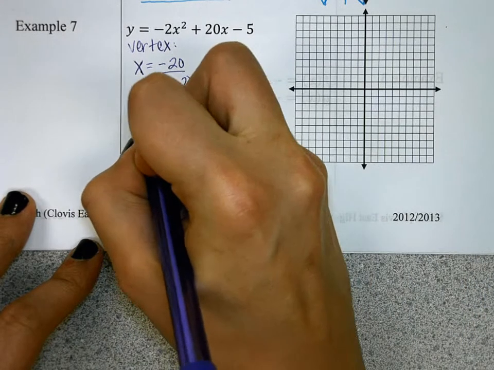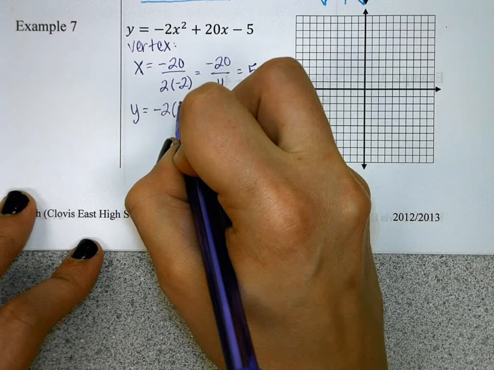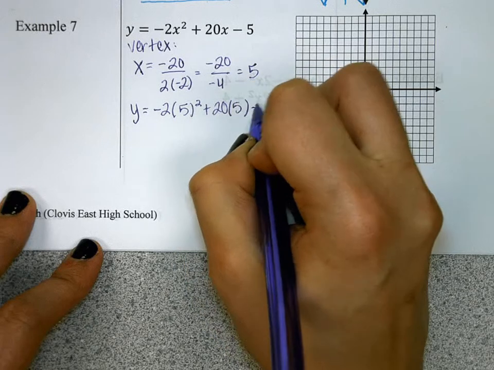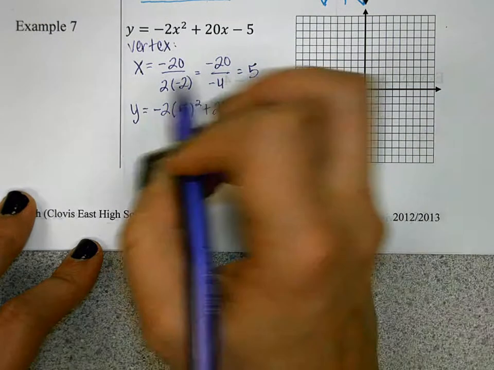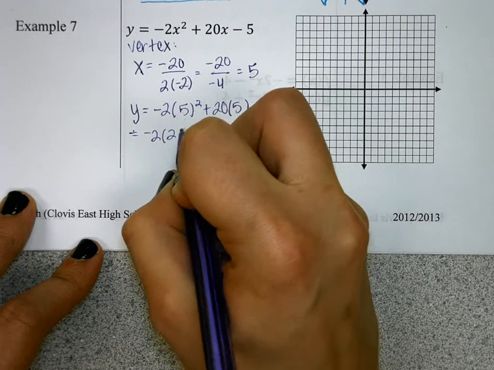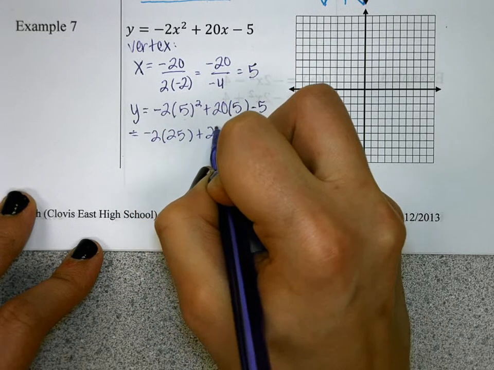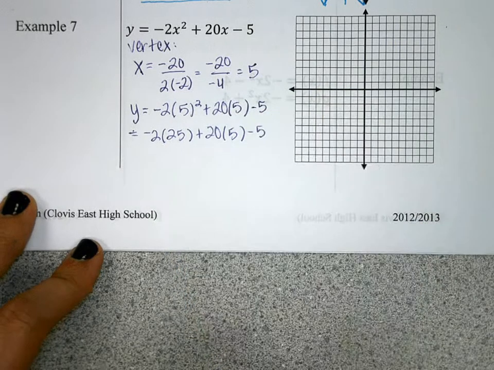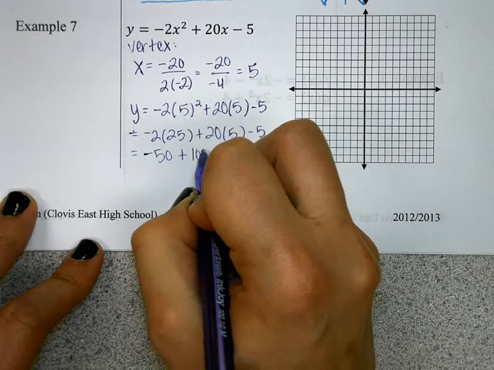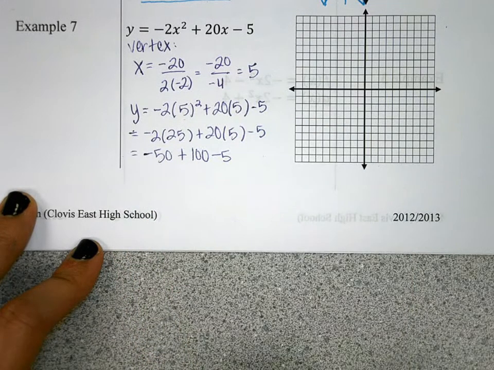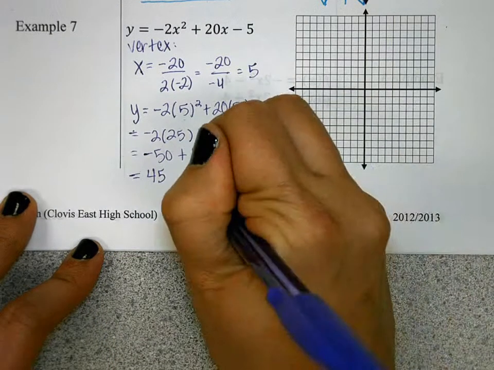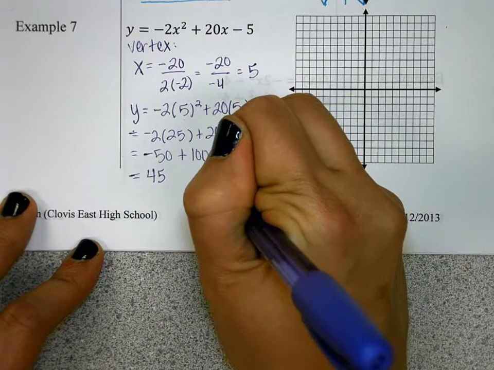So that's y equals negative 2 times 5 squared plus 20 times 5 minus 5. So that gives me negative 2, 5 squared is 25, plus 20 times 5 minus 5, which gives me negative 50 plus 100 minus 5. And then when I add all of those together, I get positive 45. So my vertex is positive 5, positive 45.